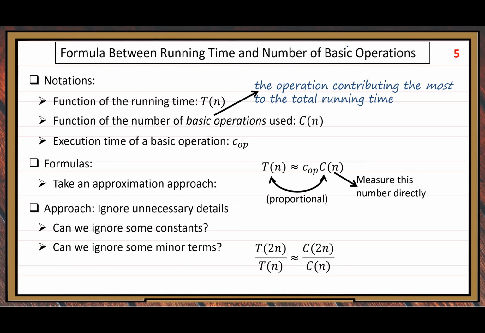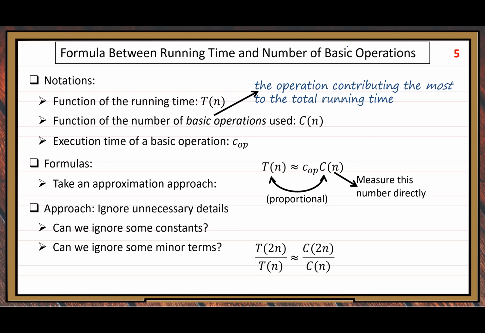With this approximation formula, the constant cancels out, and it equals the C function ratio, C(2n) over C(n). Same ratio. When you switch from the T version to the C version, the ratio is the same.